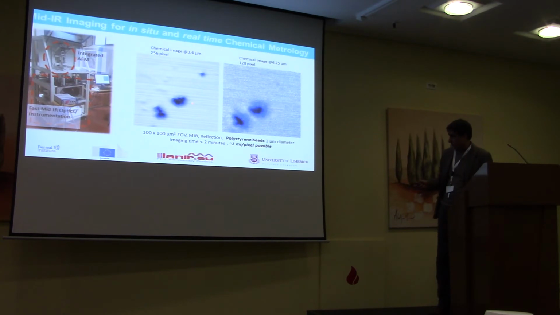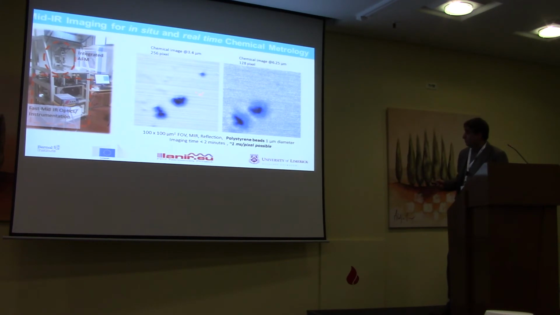Here, these are polystyrene beads on a transparent substrate, and the advantage of this technique is that you can tune between 1 to 20 micrometer wavelengths, and depending on your material, you can choose the wavelength related to the absorption of the material. Here, the polystyrene bead has two absorption bands, 3.4 and 6.25, and we see two images related to that.